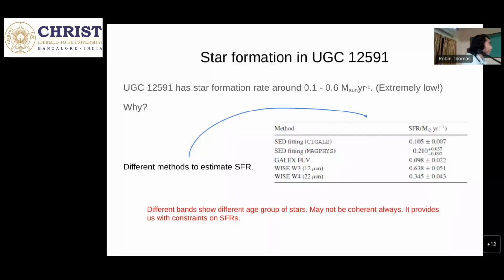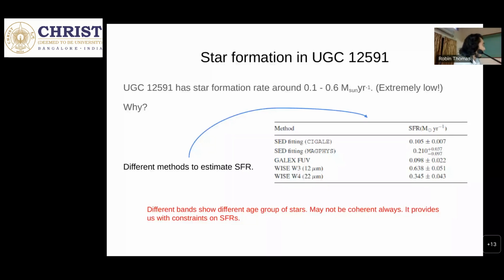For example, GALEX FUV shows us recent star formation over around 100 or 200 million years. And SED fitting generally takes into account the integrated approach, considering whatever number of bands you have used during the SED fitting. So we can get a fair constraint on the star formation, and you can see it's extremely low for such a massive galaxy.